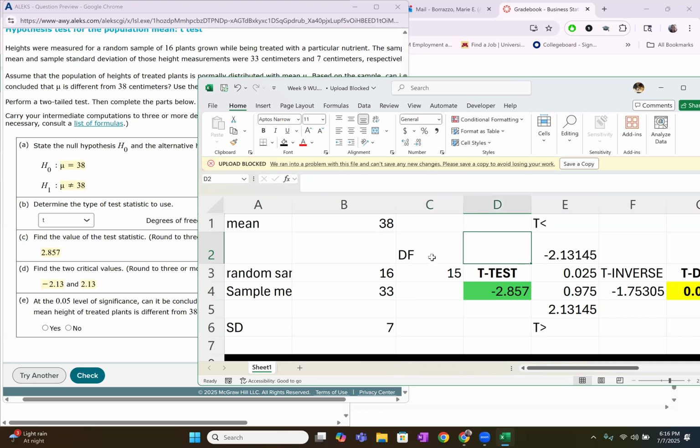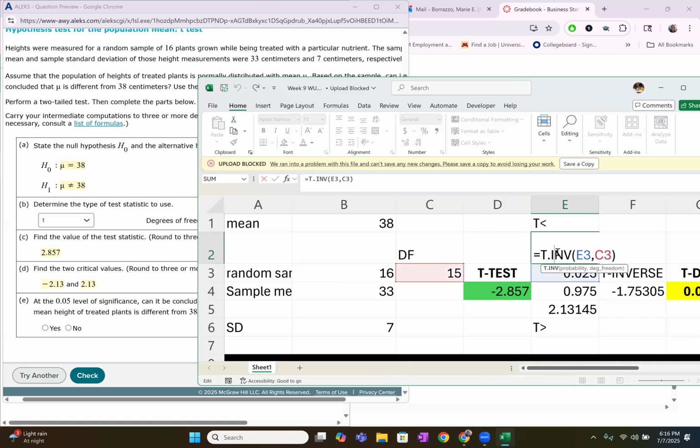Does the order of it matter? Because you did E3, comma, C3. Yes, it does. Because look, when you do this, you see how it says T.INV and then it says give me the probability and then give me the degrees of freedom?